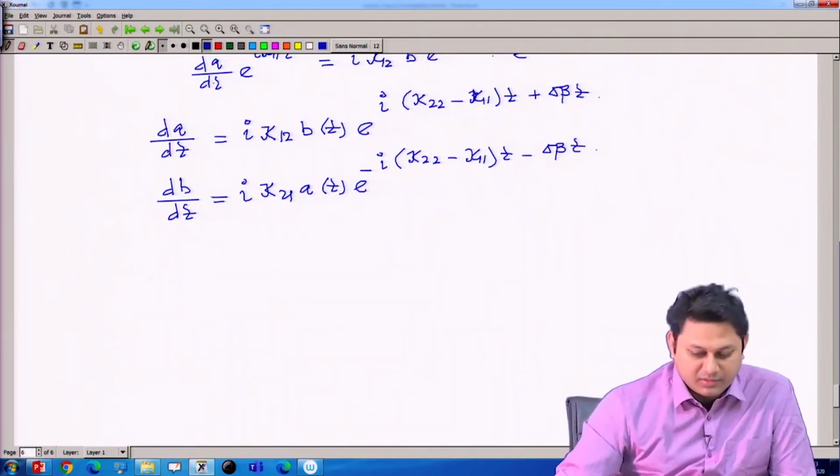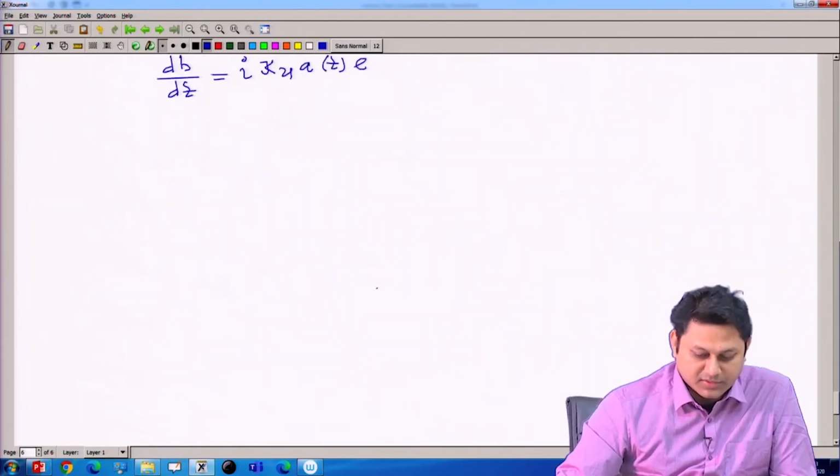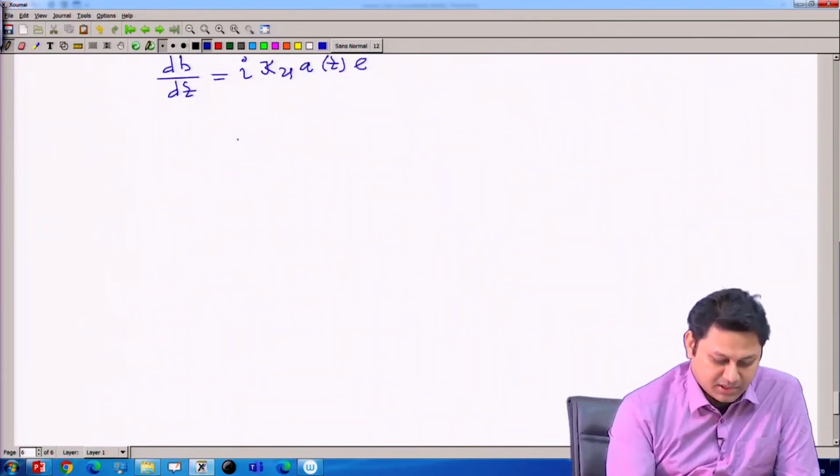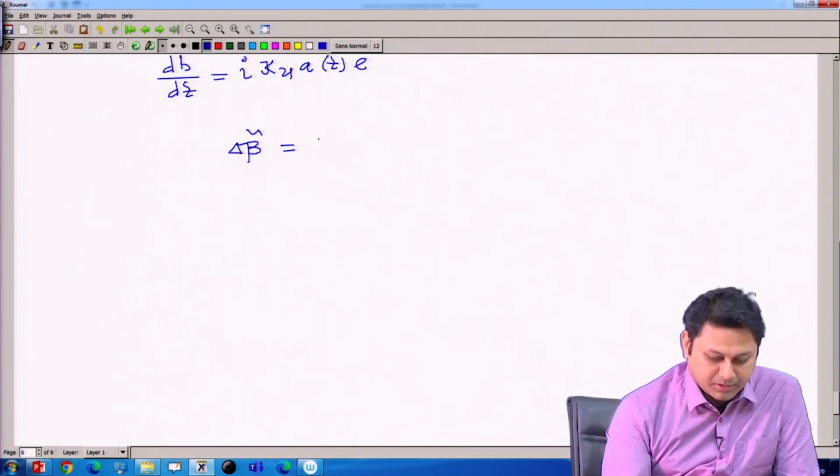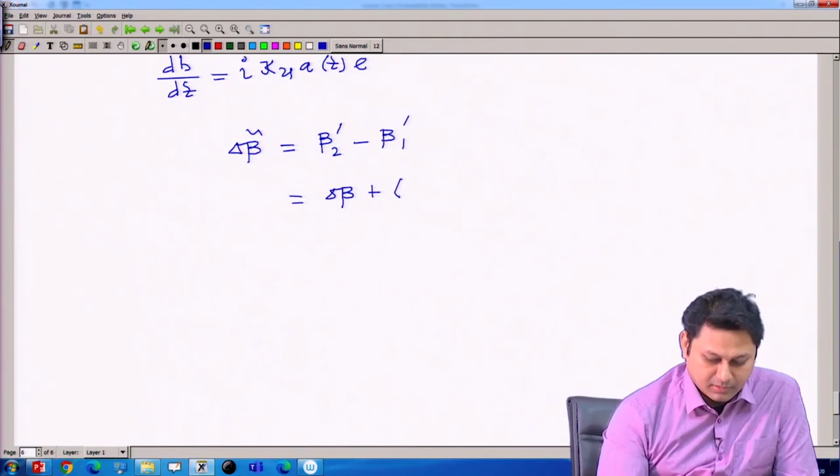Now, we can define, because we know that kappa 11 and kappa 22 are the modification of the propagation constant beta. So, I can have beta tilde in general as beta 2 prime minus beta 1 prime, which is delta beta plus kappa 22 minus kappa 11.